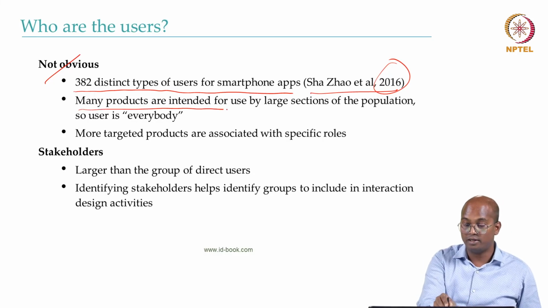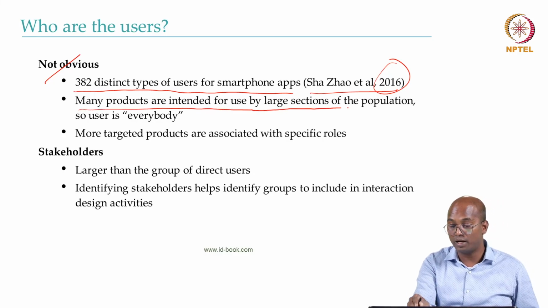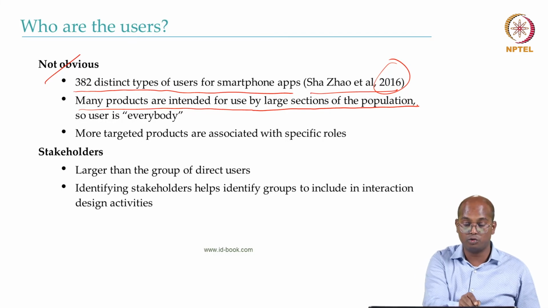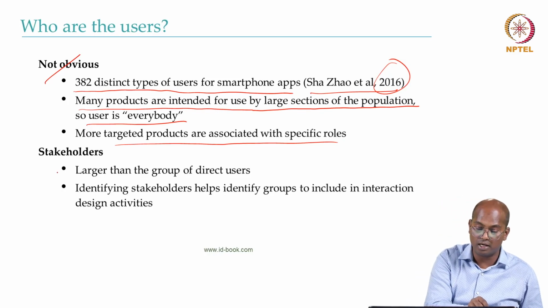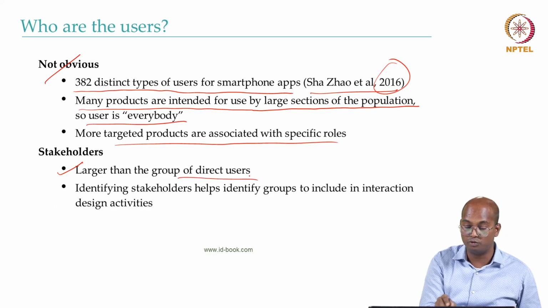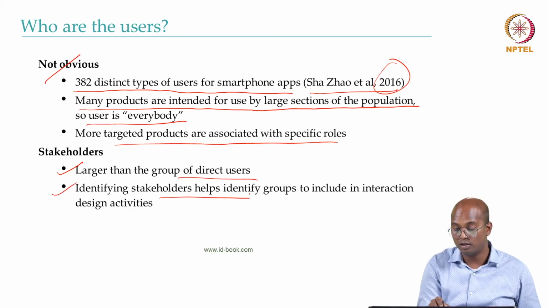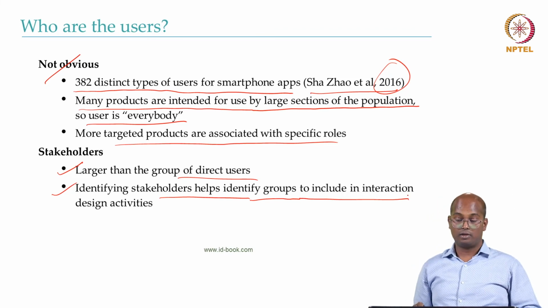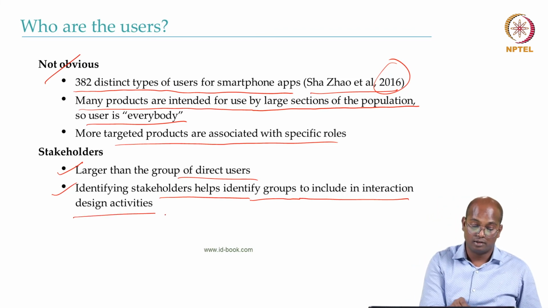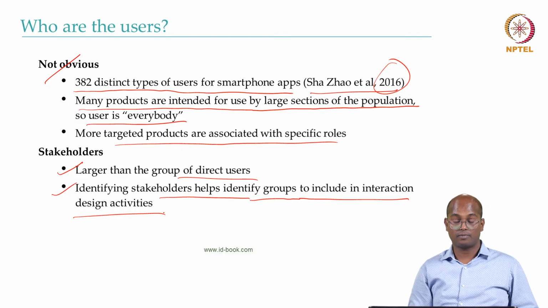So many products are intended for use by large sections of the population. So the user is everybody, and more targeted products are associated with more specific roles. And the stakeholders are basically a larger group than the direct users. Identify stakeholders, identify groups to include in interaction design activities.